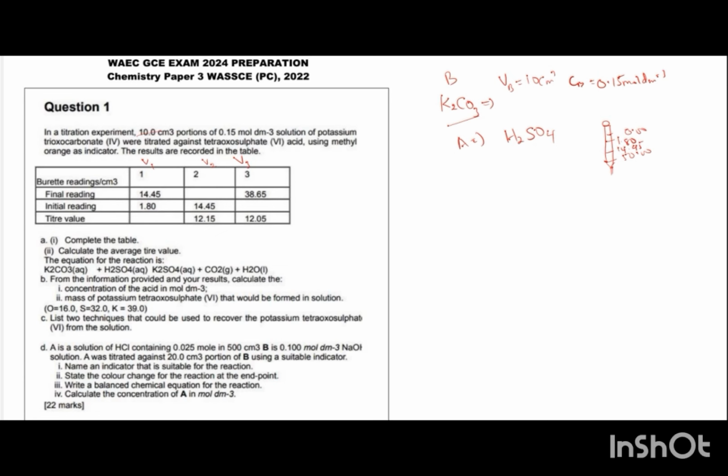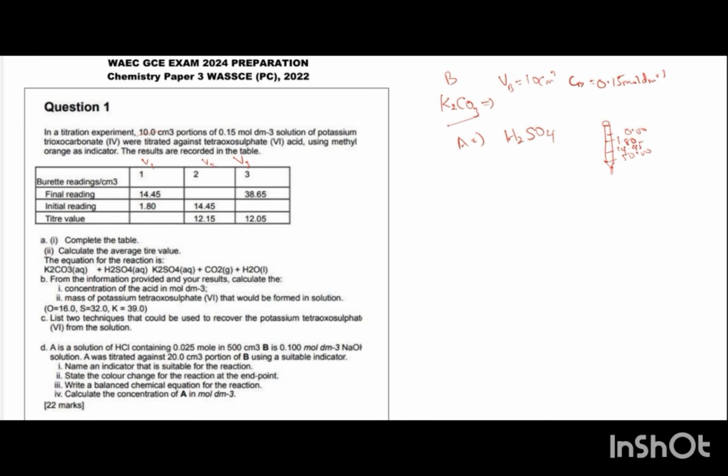The burette is from 0 to 50, but they didn't fill it to 0. It was filled to 1.80. The amount consumed for the titration for V1 was between 1.80 and 14.45. To get the actual volume, you subtract 1.80 from 14.45. It's just as simple as that.